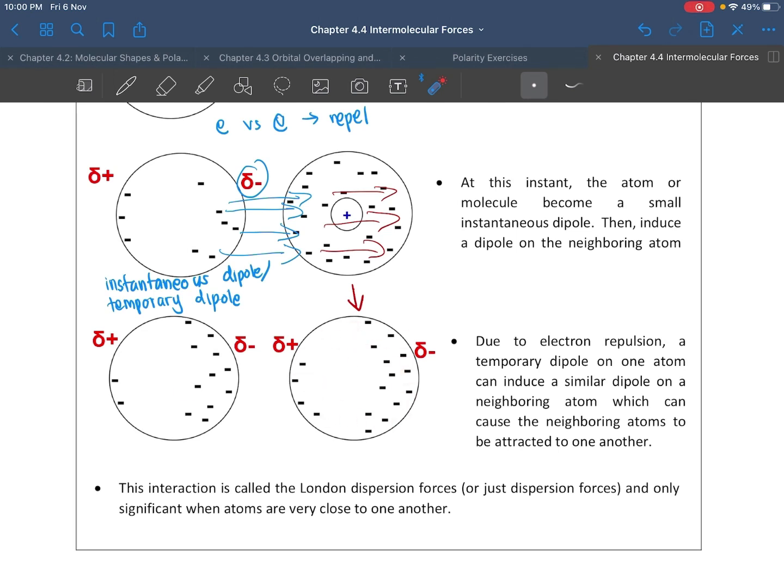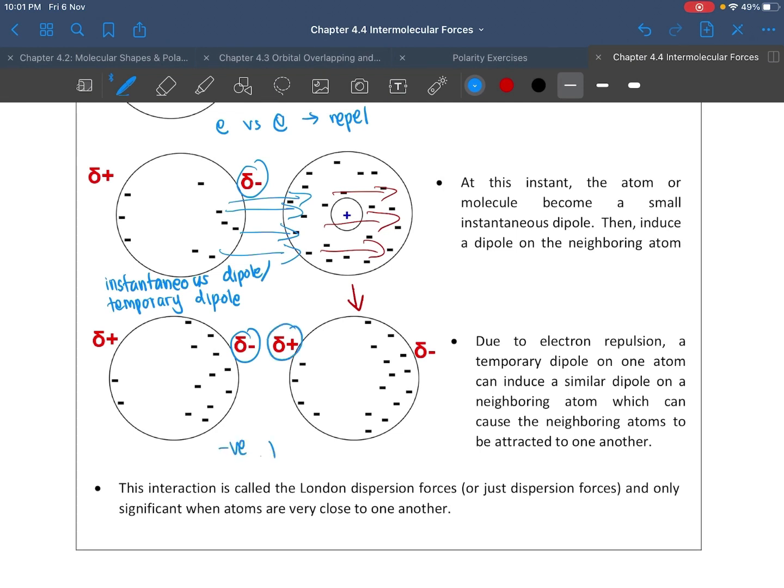So macam mana pula attraction tu berlaku? Okay, so kita sambung. Dia kata, due to electron repulsion, a temporary dipole on one atom can induce a similar dipole on neighboring atom, which can cause the neighboring atoms to be attracted to one another. Okay, so from here you can see, ini area negatif, ini area positif.